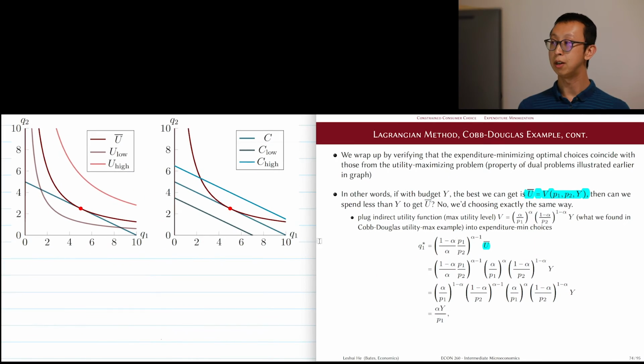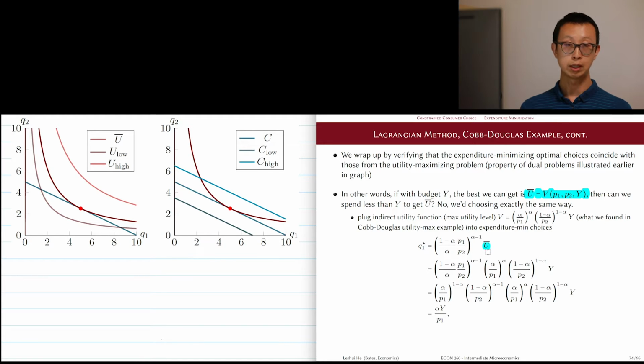Graphically, the V function tells us that given this budget level of Y and the prices P1, P2, the level of utility we're able to reach in the best possible scenario is going to be measured by U bar, which is exactly the value given by this V function here. Now, what we're doing on the right-hand side algebraically is literally grabbing this level of utility and dropping it in as our premise to minimize expenditure.